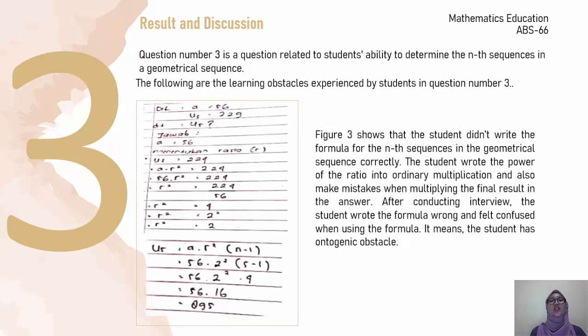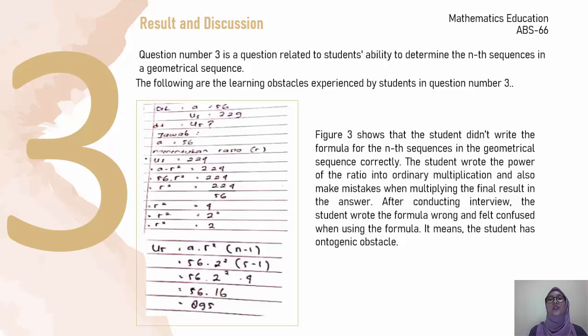And next, question number 3 is a question related to student ability to determine the end sequence in a geometrical sequence. The following are the learning obstacle experienced by student in question number 3. On figure 3, we can see the student didn't write the formula for the end sequence in the geometrical sequence correctly.